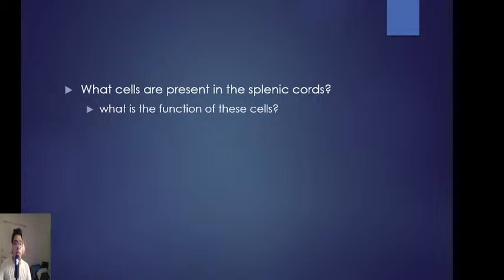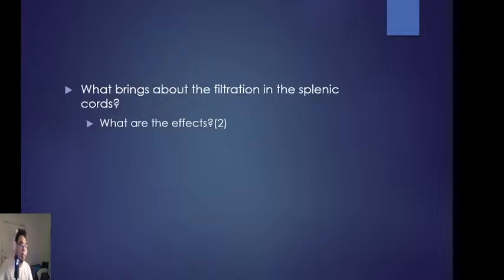So every time you hear the word macrophages and dendritic cells in today's discussion, you're going to see splenic filtration. It has something to do with immunity.